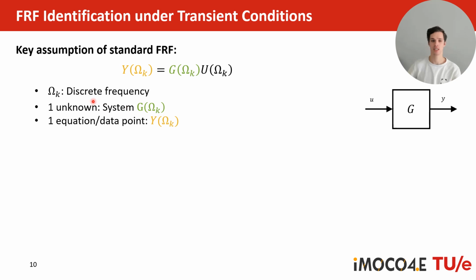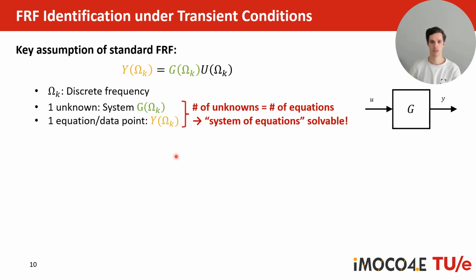What we see is that we have one unknown: the system G at the frequency omega k. And we have one equation, Y at omega k, and of course we also have U. So we have an equal number of unknowns and equations. That means this system of equations is solvable. If we want to get G, we just divide Y by U.